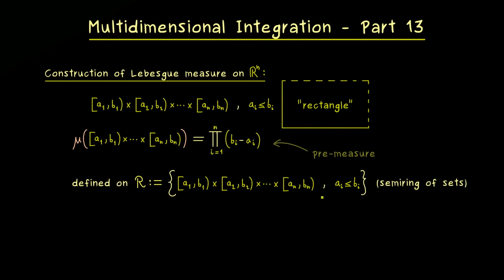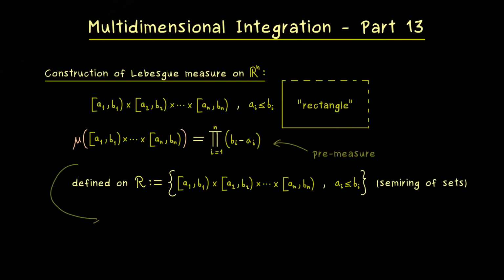And here I will not tell you more about the properties of a semi-ring because they are all stated in my measure theory course. Indeed, here we just want to use a famous result from measure theory, which is known as Caratheodory's extension theorem.